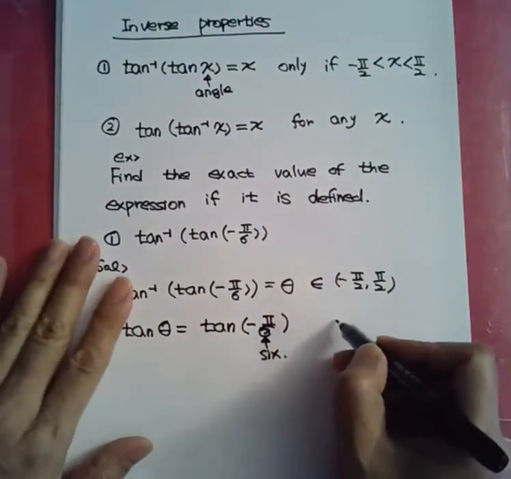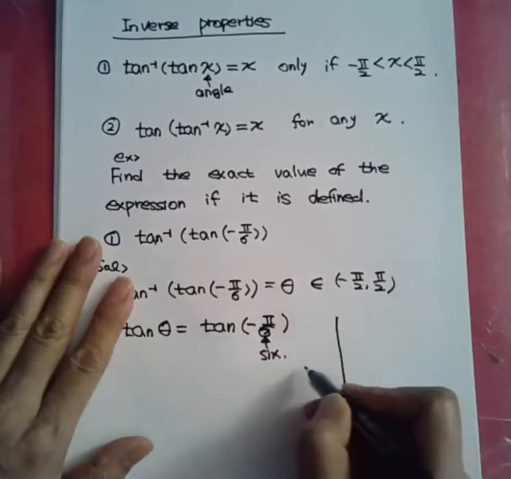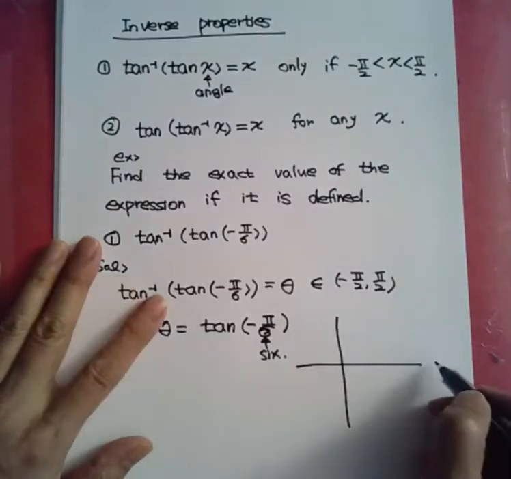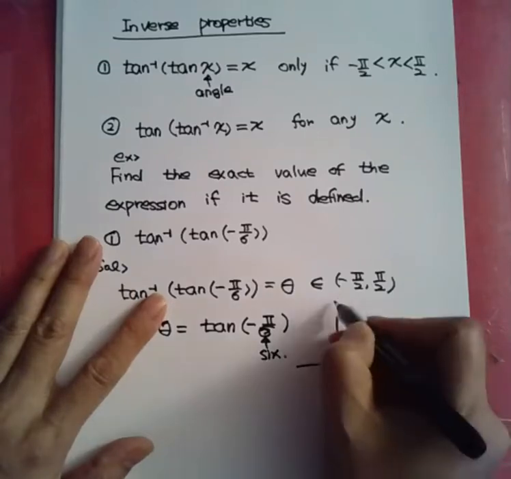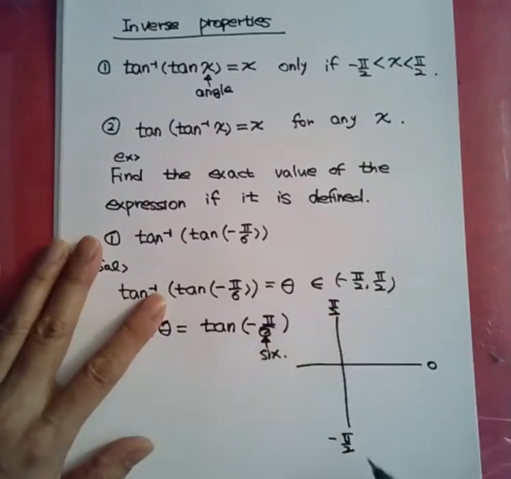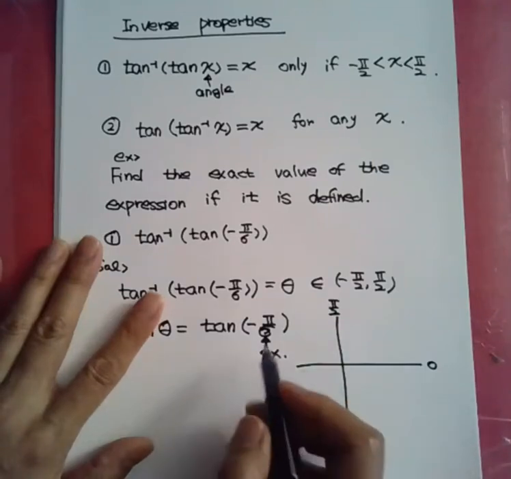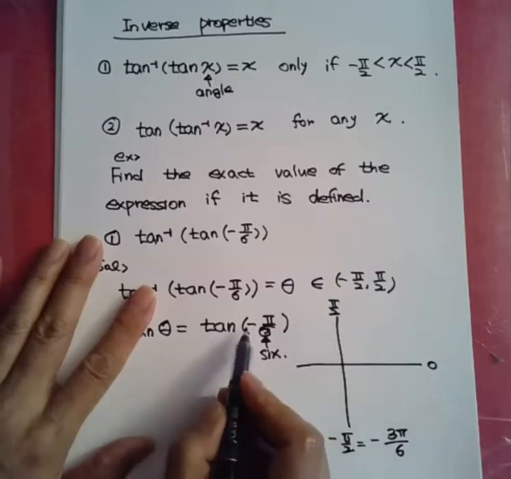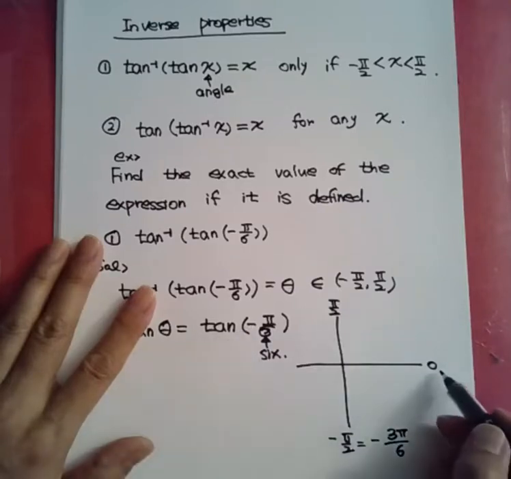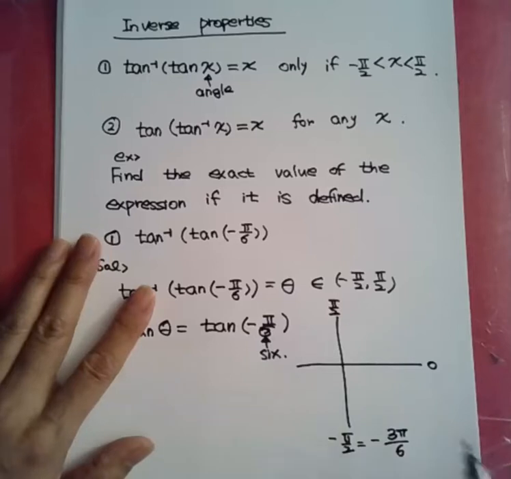Let's locate the angle. This is 0. This is minus pi over 2. This is pi over 2. We want to compare it. So minus pi over 2 is minus 3 pi over 6. So minus pi over 6 is between 0 and minus 3 pi over 6.